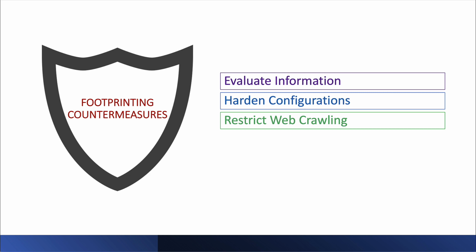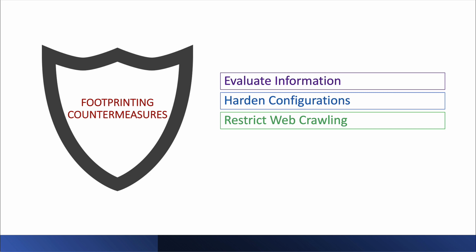Restrict the capabilities of web crawlers. These are the bots in search engines like Google, for example, that would go into the directories and files of our website in order to index them in the search engine.